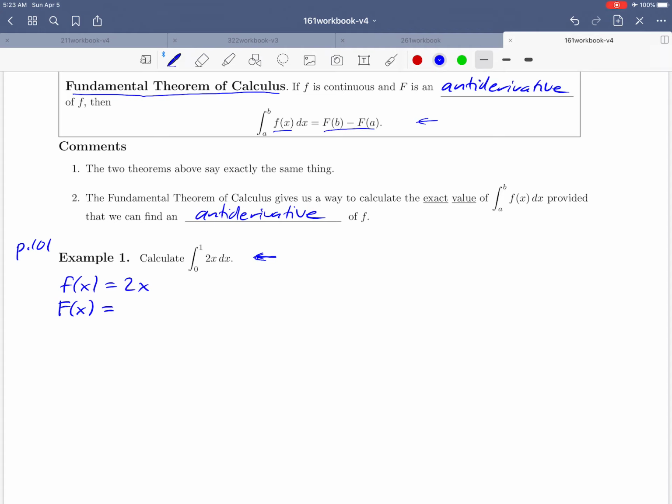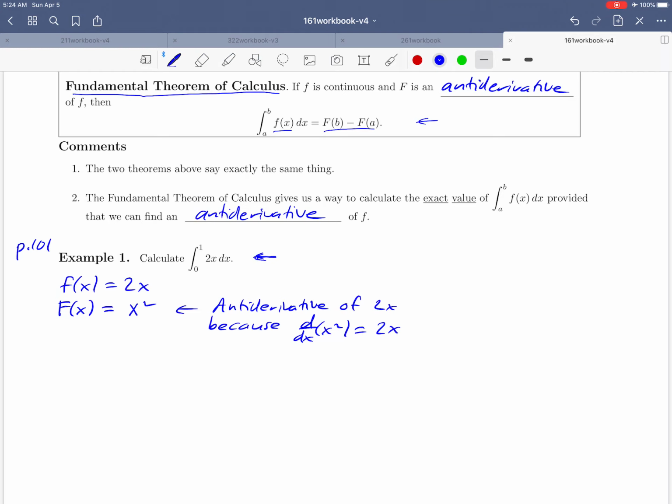If you think about that for a minute, you might come up with the function x squared. That is an antiderivative of 2x, because the derivative of x squared is indeed equal to 2x.